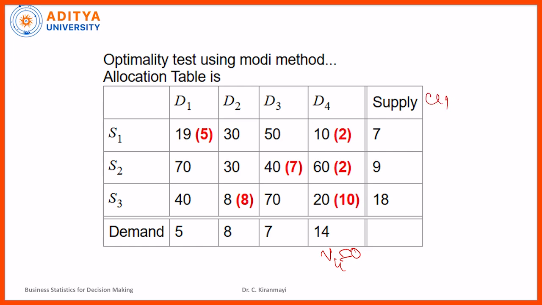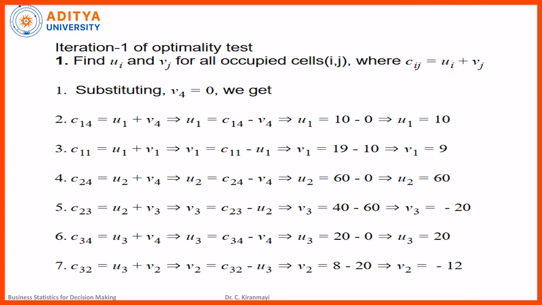These are called Ui values, that is U1, U2, U3, and these are called Vj values, V1, V2, V3, V4. Column 4 has the maximum allocations. Therefore, let us start with column 4 by considering V4 as 0. This is how we start the computation process of Ui and Vj values.